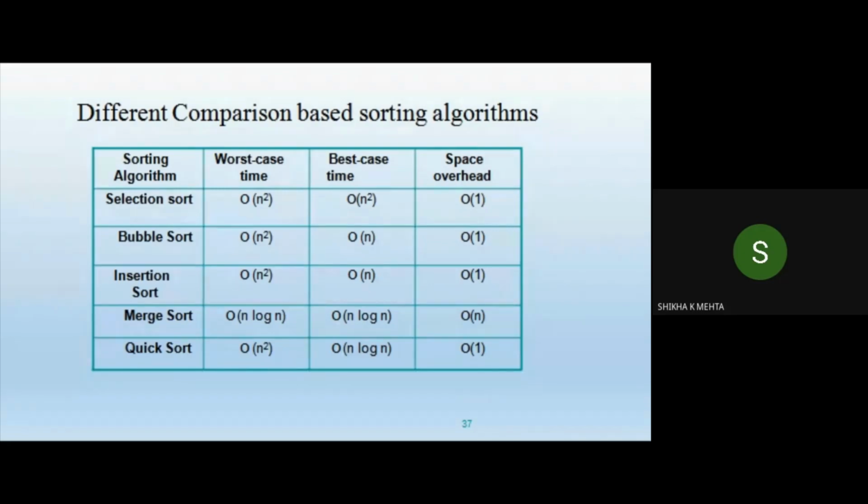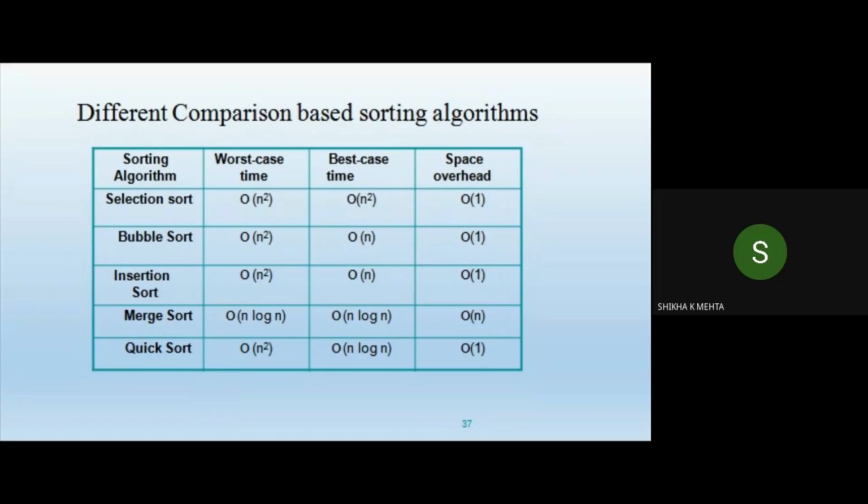Of the two divide and conquer strategies that we have studied, merge sort is better than quick sort in the worst and best time complexities. But the space overhead is more in merge sort, because we require an extra buffer for the merging step, while we don't require any extra space in quick sort, because we are storing the data in the original array itself.